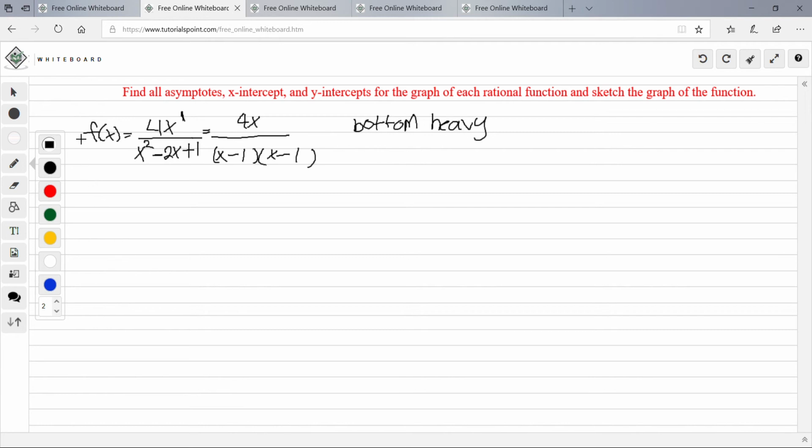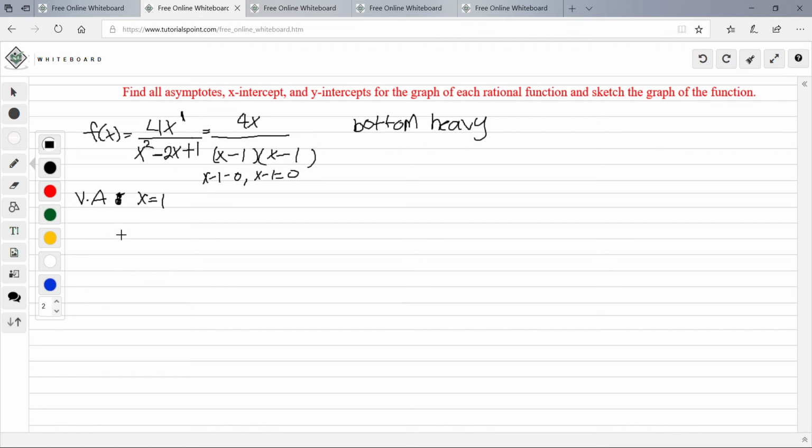So let's find our VA. Our VA is going to be just x equals 1, right? Because if you set these to 0, x minus 1 equals 0, x minus 1 equals 0, you're still just going to get 1.